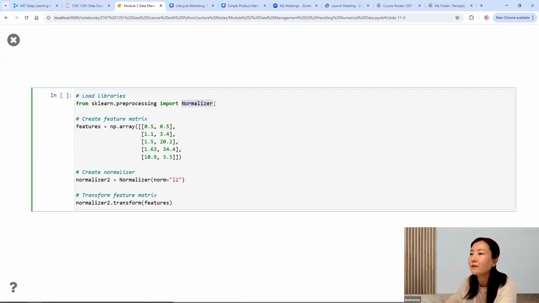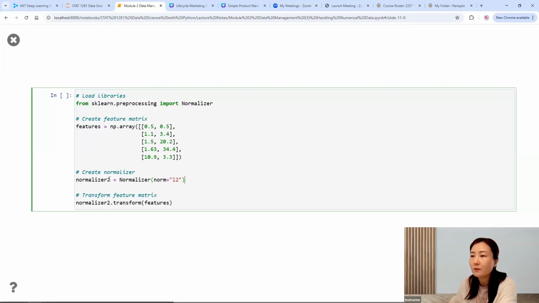First, import the Normalizer from preprocessing. Now we will create a smaller features matrix with only 2 columns. And we first create the normalizer. Choose norm to be L2, which means we are using the Euclidean norm.